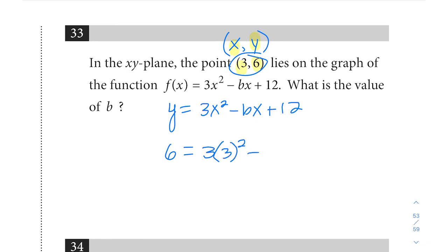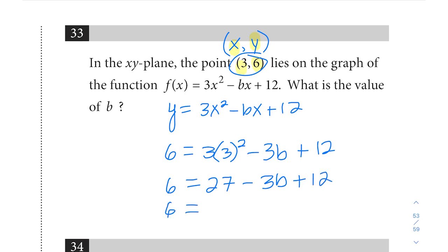So let's see what it looks like when we do those. 3 times 3 squared minus b times 3, or to write it so that it looks a little more like what we traditionally will see, you could write it as minus 3b plus 12. And now we're just going to do a little bit of arithmetic to try to simplify things and get a numerical value for b. Here this would be 3 squared is 9 times 3, that's 27, minus 3b plus 12.